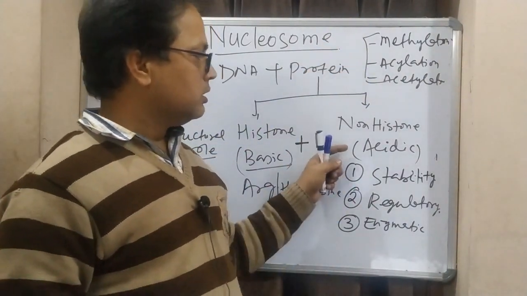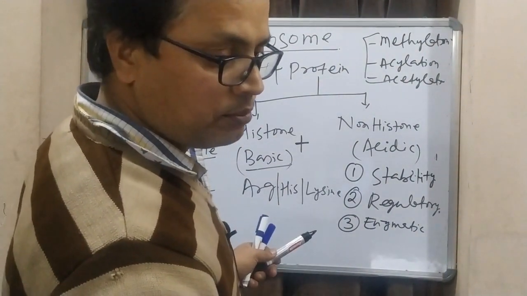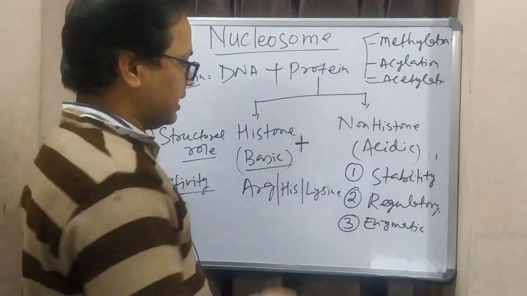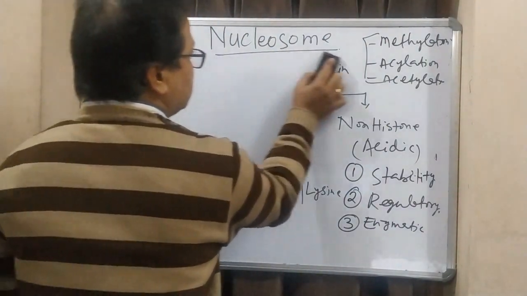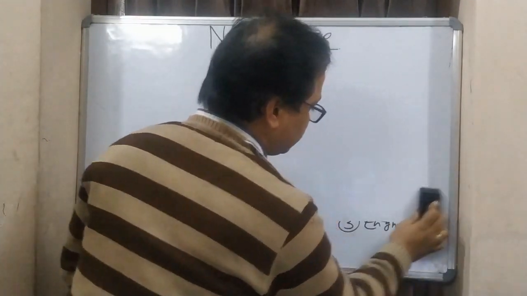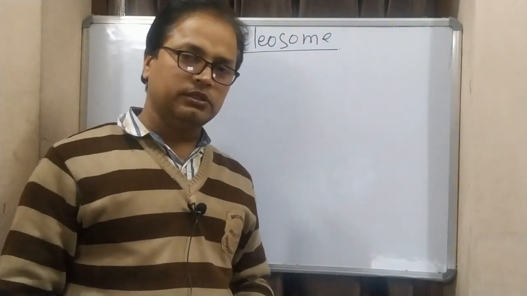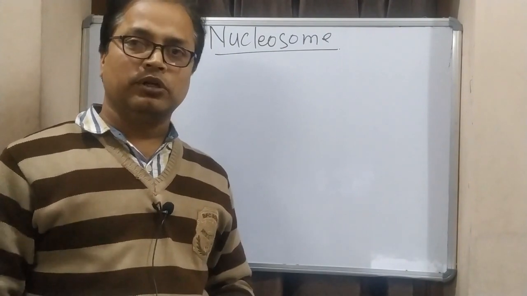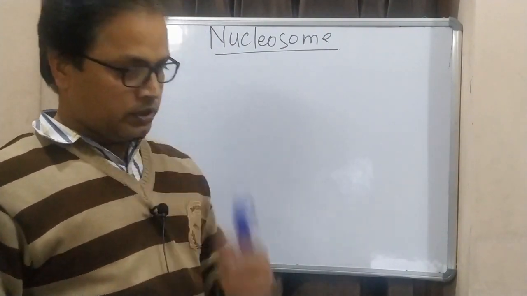Non-histone proteins are acidic in nature. They have three major characteristic features: first, they provide stability of the DNA. Second, they are involved in regulatory steps like transcription, translation. Third, they act as enzymatic molecules like DNA polymerase and RNA polymerase.